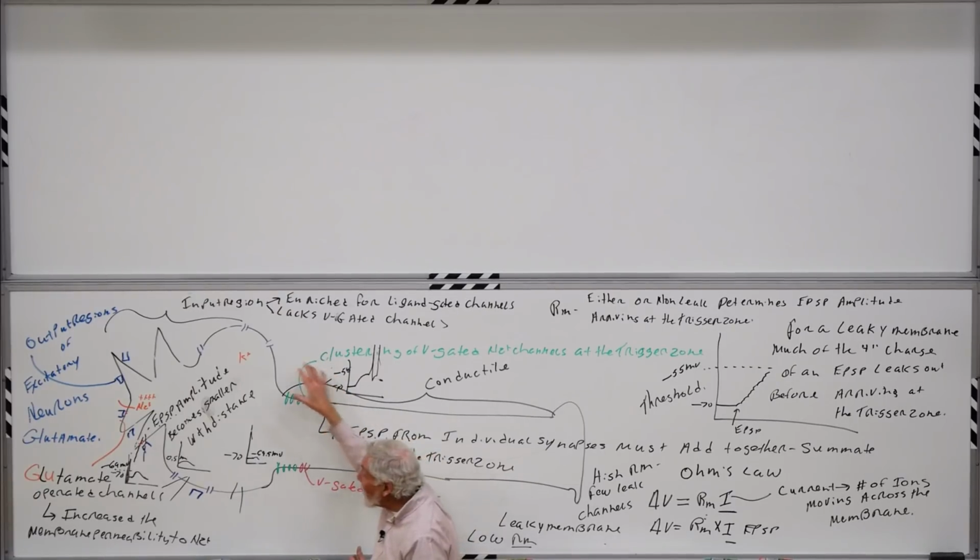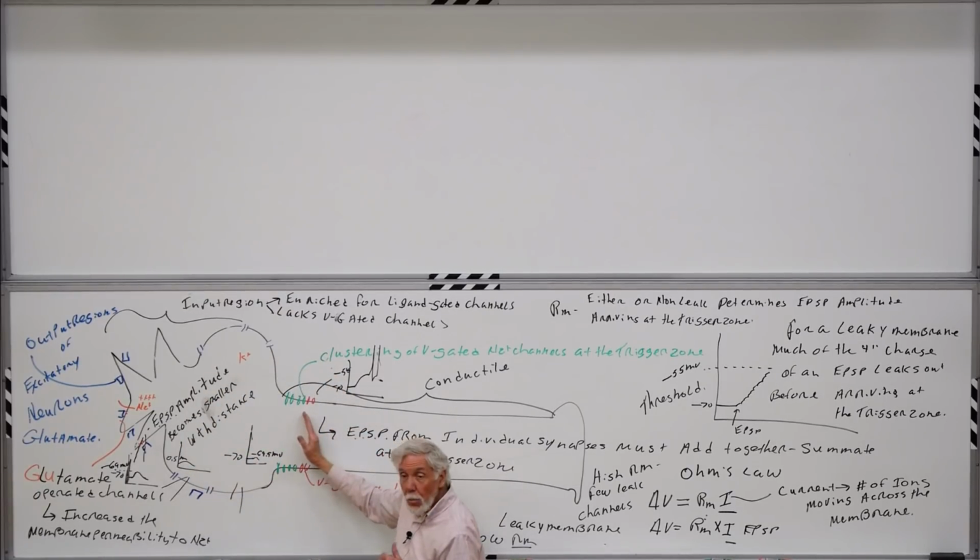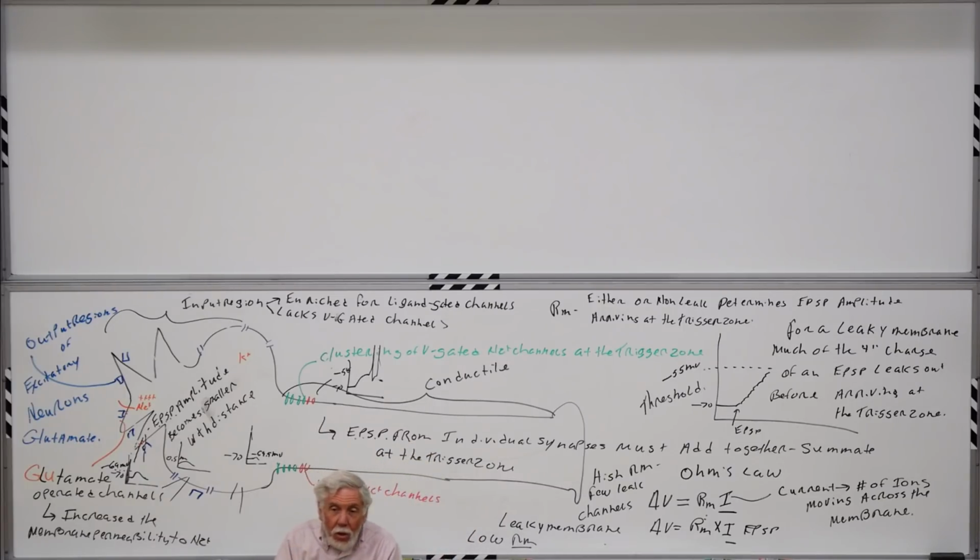And so you have to get these guys working in concert to provide the positive charge. But each synapse provides only maybe 1% of the charge needed at this site to get it to threshold. So whether or not it's a leaky membrane or not doesn't change that.